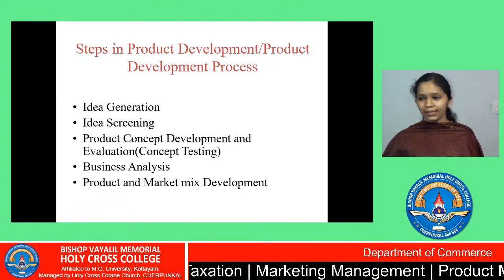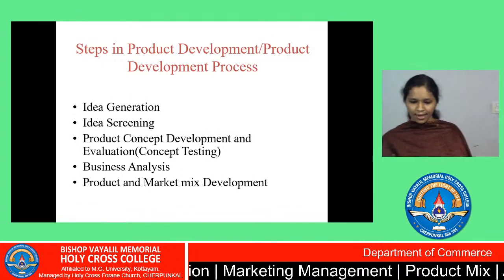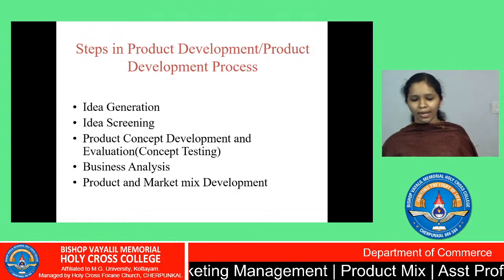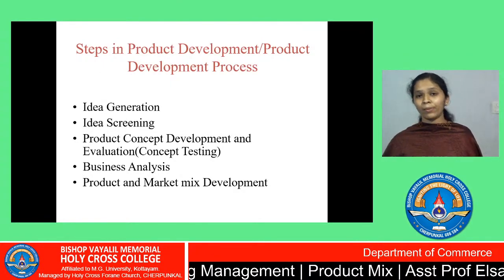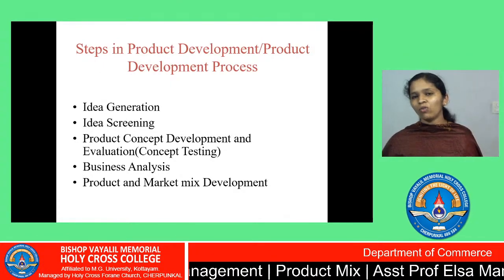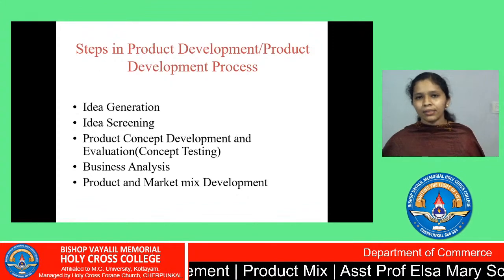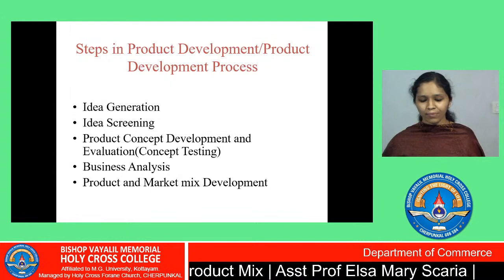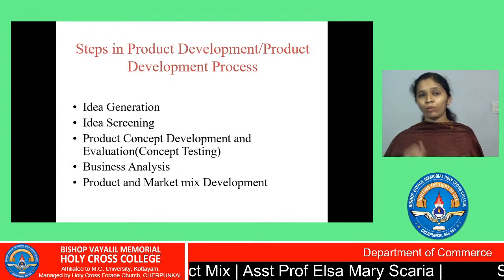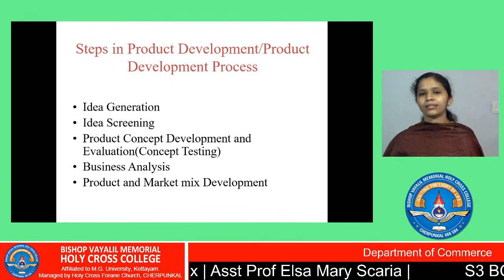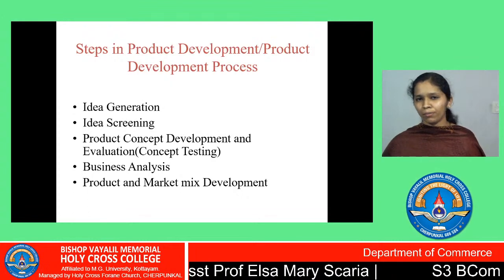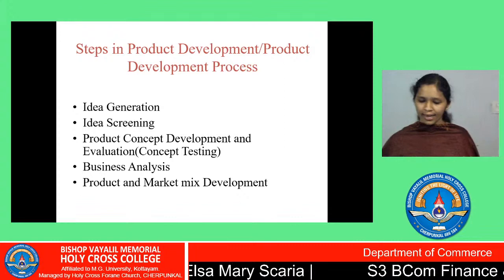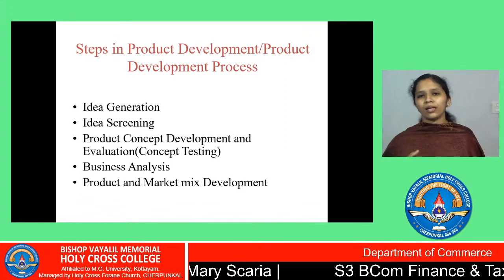So in this stage, that means in the business analysis stage, the marketer analyzes the viability of the product idea selected. For checking the viability, the management team should analyze the market size. What do you mean by market size? What is the overall demand for our product? Then operational cost.